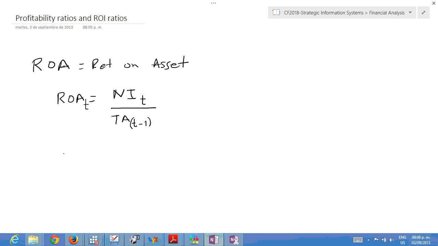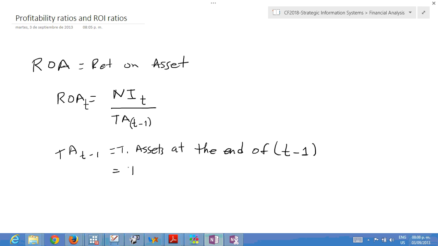Okay, then we can say the total assets at T minus 1 is total assets at the end of T minus 1. That is the same as saying total assets at the beginning of the period T. Okay, then that makes sense, right?